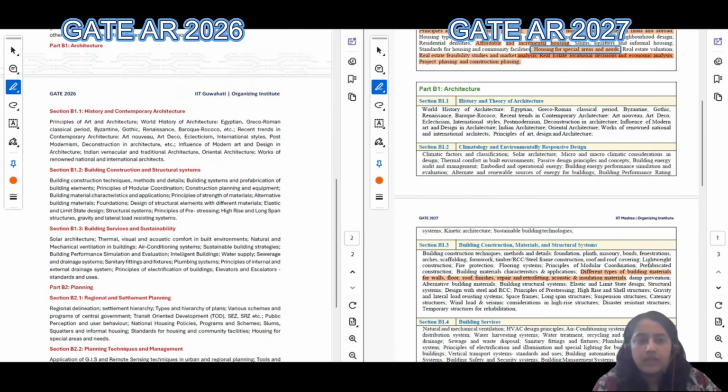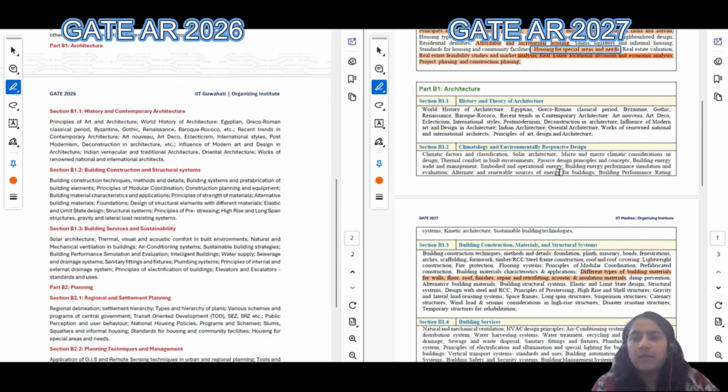So if you look at it in terms of section B 1.2 for 2027, climatology and environmentally responsive design. So climatic factors, classification, solar architecture, building energy audit management, embodied and operational energy.